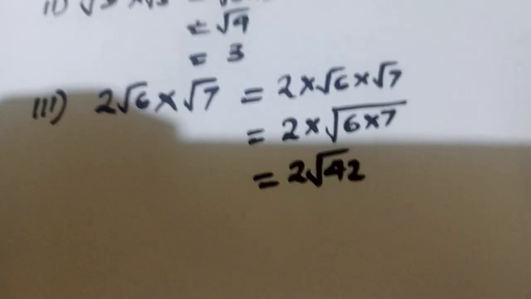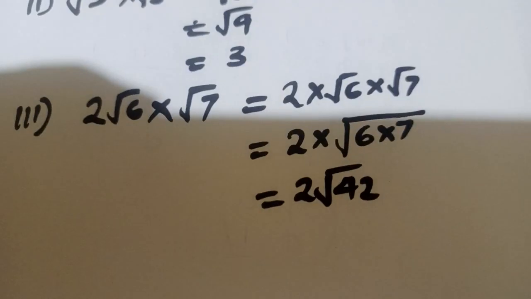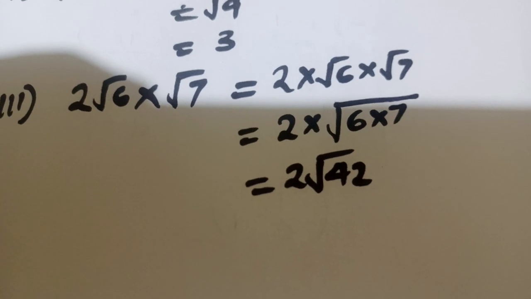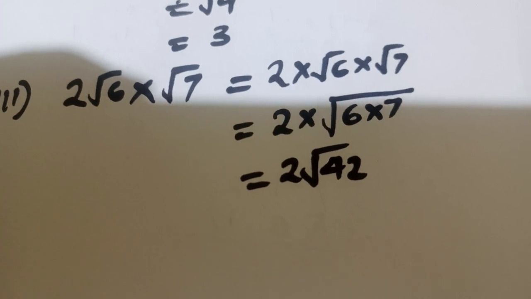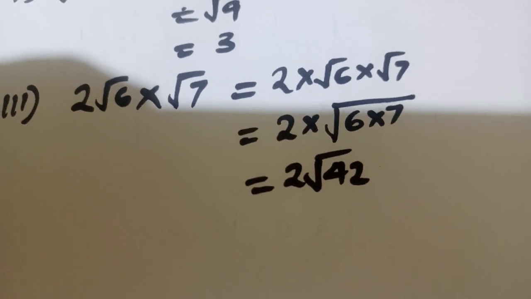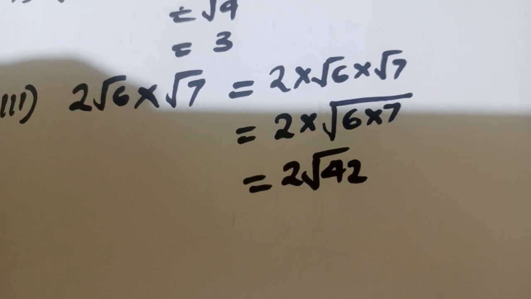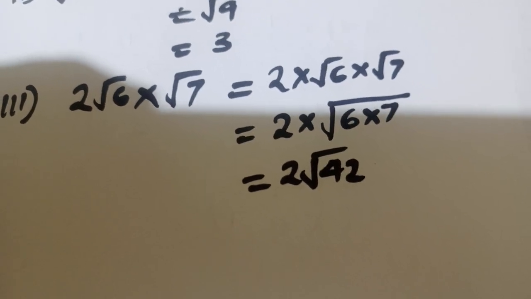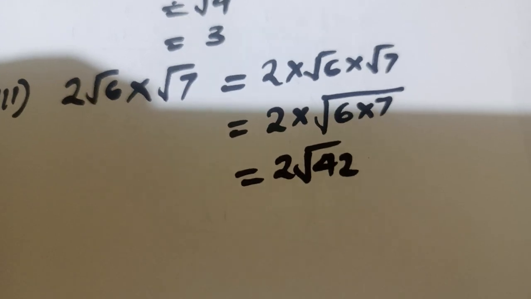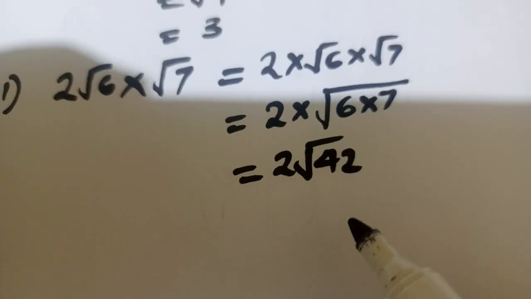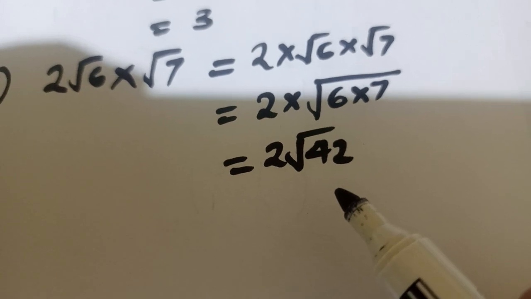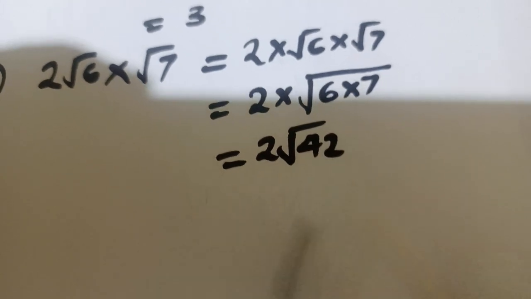Now remember that surds must always be written in their simplest form. So before you write your final answer and move on, you have to establish and ensure that your final answer, if it is still a surd, is in the simplest form. So like in this case, we have root 42. You ask yourself, can we write it simpler than what it is?